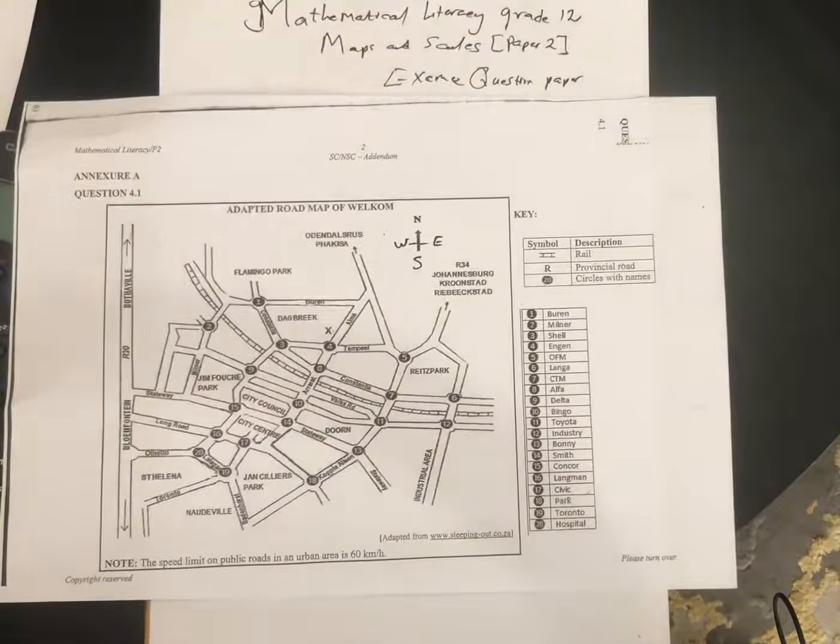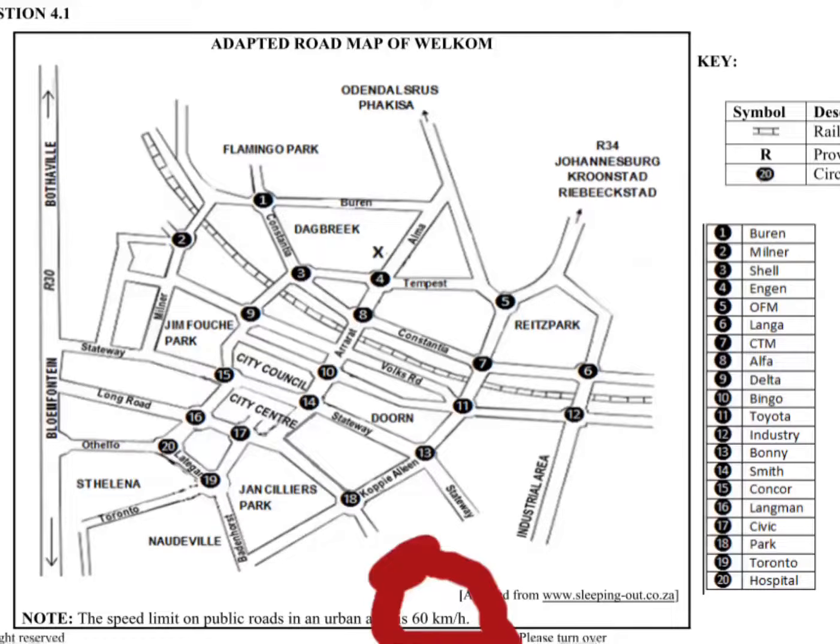It's very important to have that information. Another important piece of information written here is that the speed limit is 60 kilometers per hour. That's what is given. So for us to answer this question, we are going to use this road map.